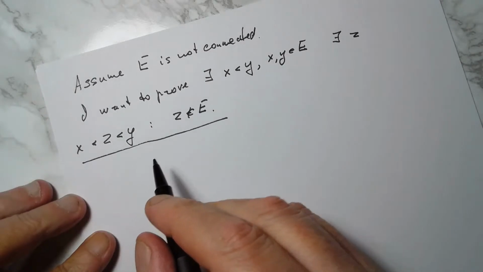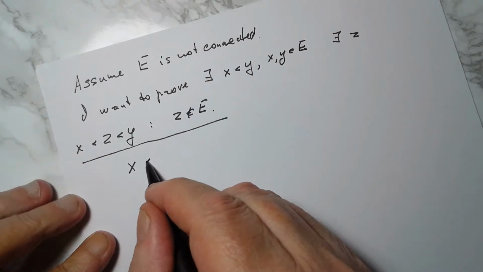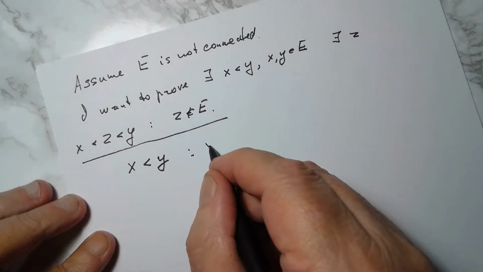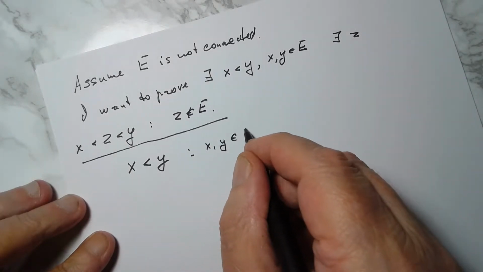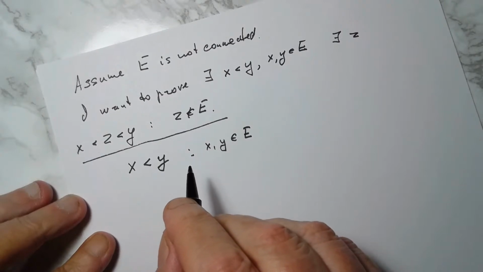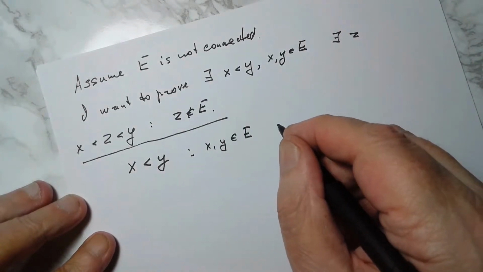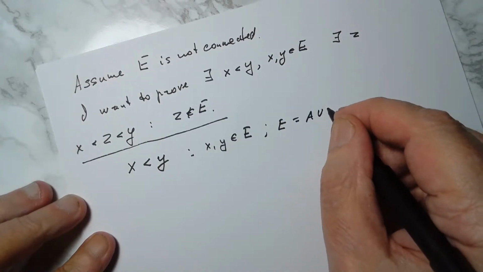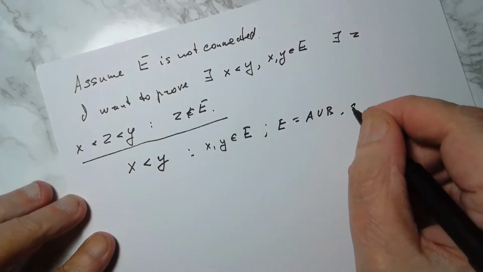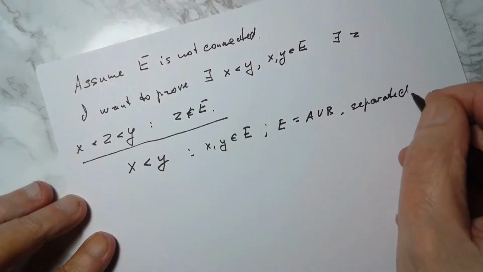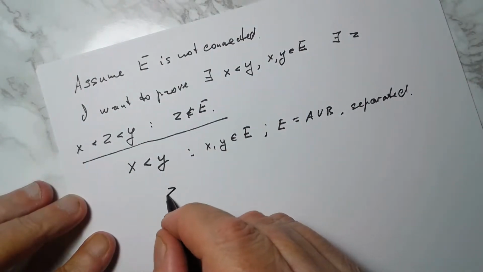So what I'm going to do is take a point x, which is less than y, and the points x and y are going to be in E, and I'm going to assume that E can be written as a union of two separated sets, A and B. Okay, and what I'm going to do is pick a point z.